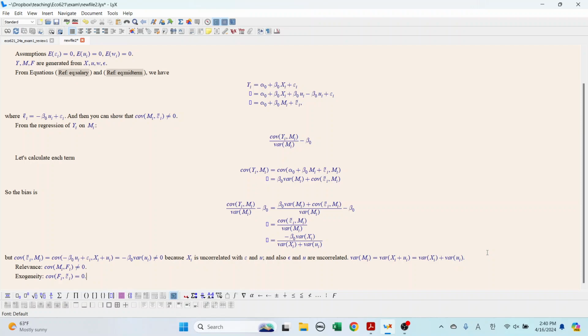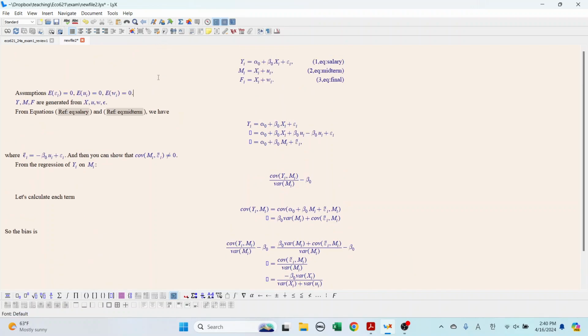It's also easy to show because epsilon tilde is given here like this, and F is uncorrelated with all of them. I had to mention that.